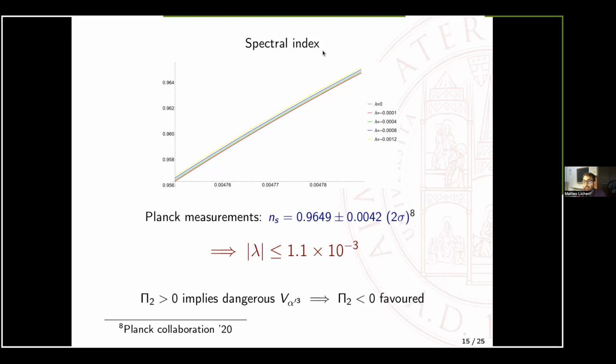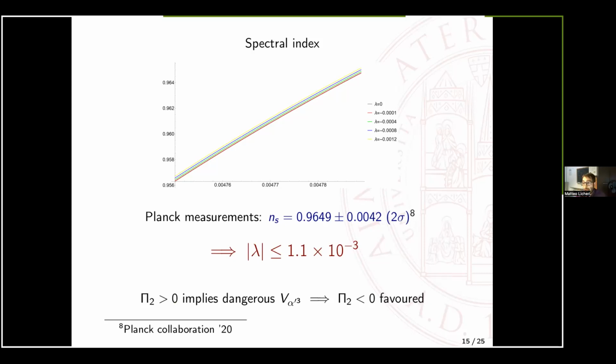Lambda equal to 0 will give a spectral index that is not in bound with Planck, while these corrections in the end are helpful. So they can start from a reddish spectral index and put it instead on a better value of the spectral index.